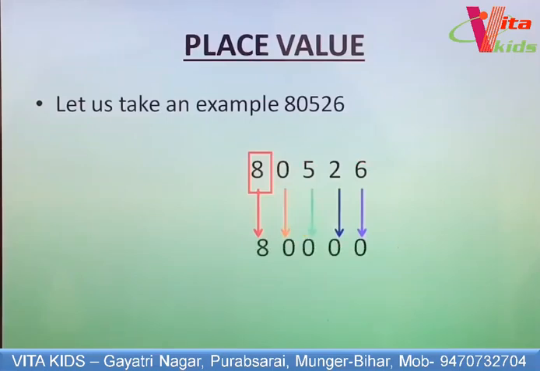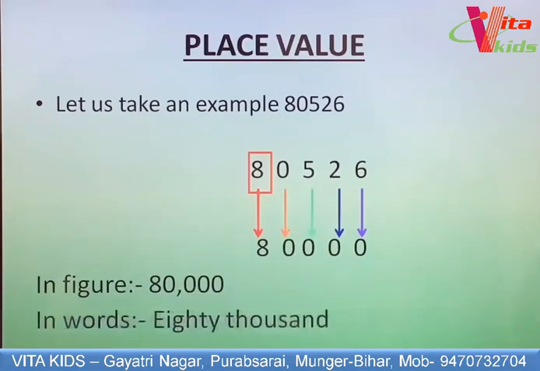Like this. So this gives us the place value of 8. And there are two ways of writing it, in figures and in words. In figures it is 80,000, and in words we will write it as eighty thousand. When you write the number in figures, do not forget to put the comma there. You know how to put the comma. It is based on the periods. This is all about place value.